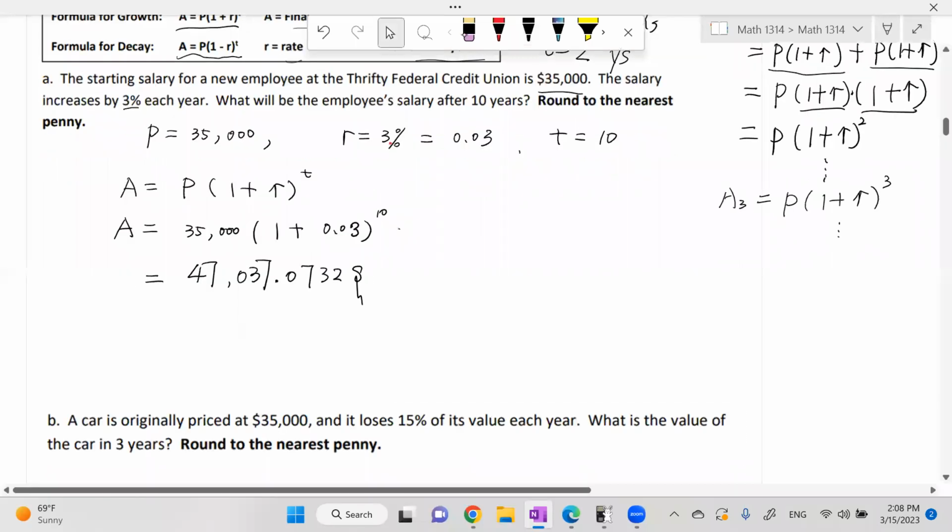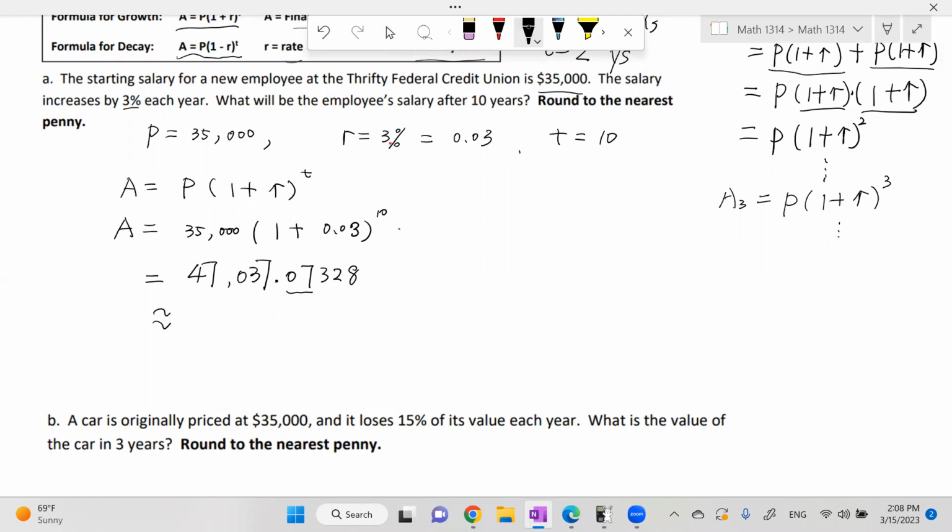We need to round it to 2 decimal places, right? Because we round to the nearest penny, that means we keep only 2 decimal places. The digit after 7 is 3, which is less than 5, so I can ignore it. So the money is $47,037.07.